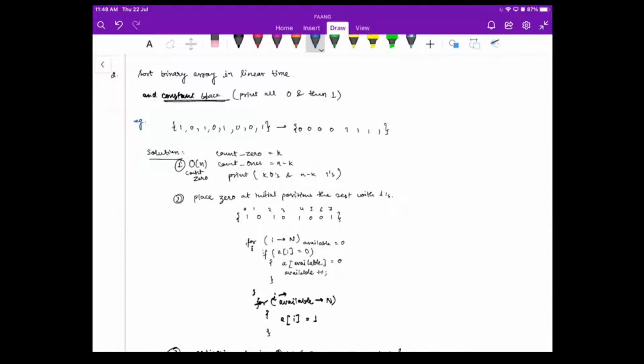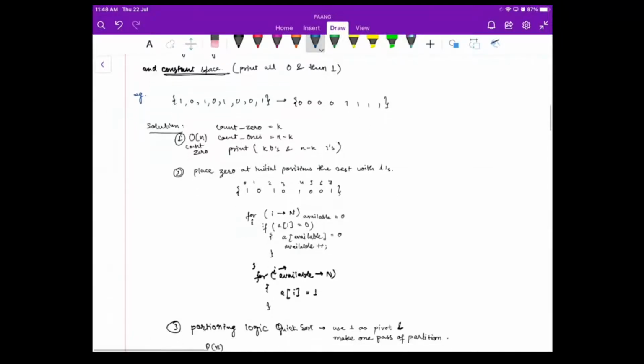all the ones. So what we can do for constant space and linear time is iterate through the whole array and count the number of zeros and the number of ones. The number of ones would be n minus the number of zeros.